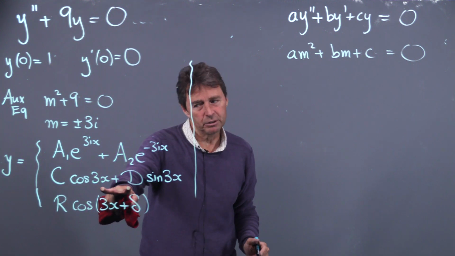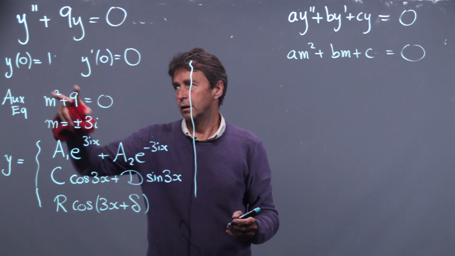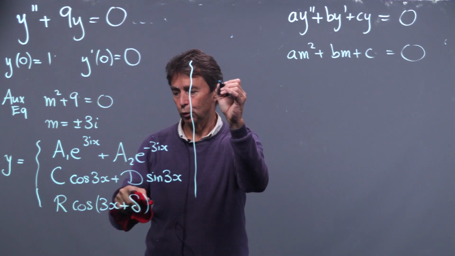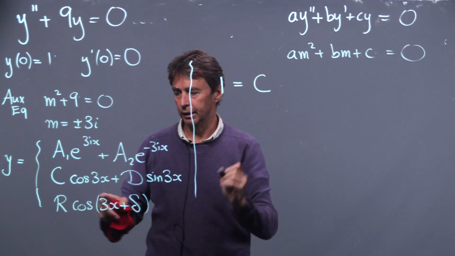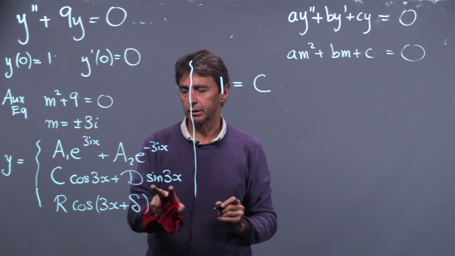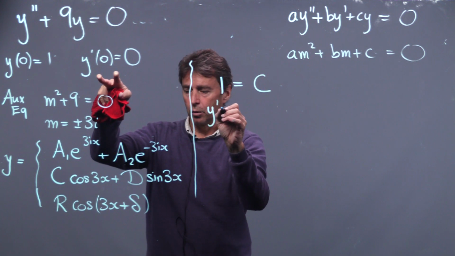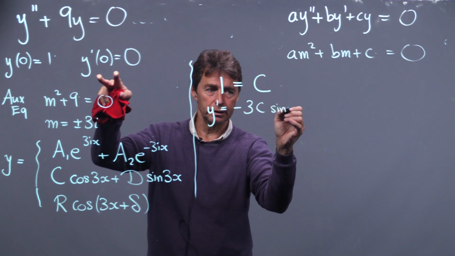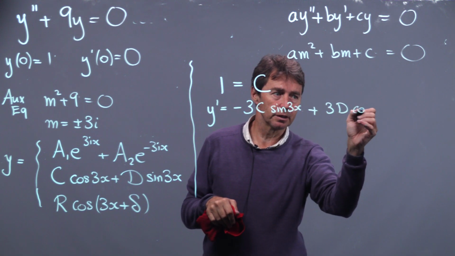It's most tempting, I think, usually to use this, so let's do that one first. I need to calculate the C and the D given the initial conditions. So I first of all put x equal to 0, and I get 1 is equal to C, because the cosine is 1 and the sine is 0. Then I need to differentiate. So y prime is minus 3c times the sine, plus 3d times the cosine.